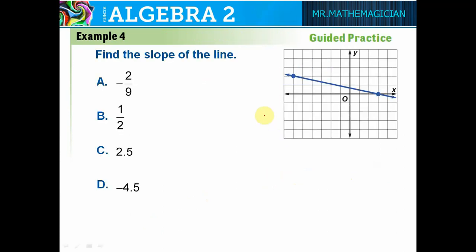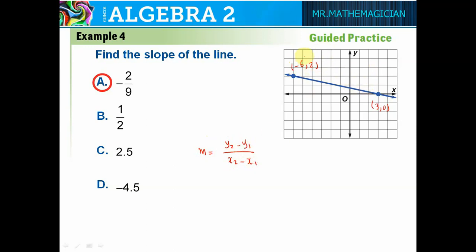Now try to solve this problem. Pause the video and choose whether A, B, C or D, and it should be, yes, A. Let me show you how. This point is (3, 0). This point is, let's count, -1, -2, -3, -4, -5, -6 and up to 2. So this is (-6, 2). Now we are going to use the rule m equals y2 minus y1 over x2 minus x1. It doesn't matter which one is the first.